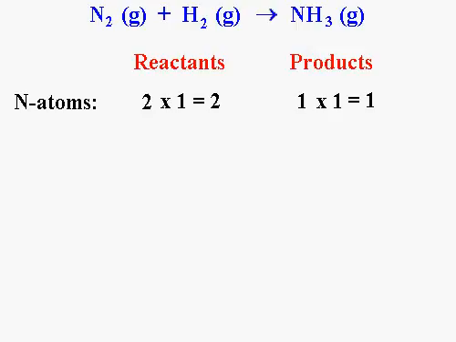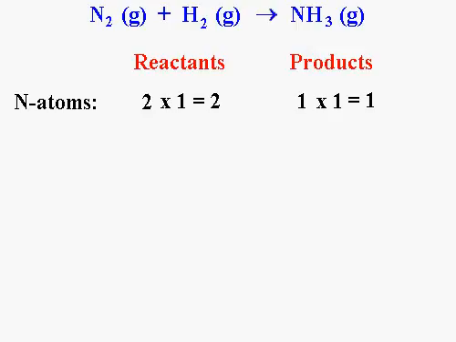Now remember, when we're dealing with chemical equations, we can never, ever add, subtract, or change subscripts. Remember what subscripts mean. They tell you the chemical formula of the molecules involved. I could balance this equation by putting a subscript of 2 after the N in NH3, but then the product of the reaction would no longer be NH3.